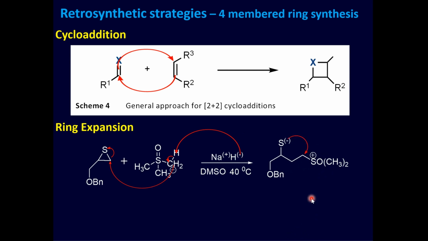Now I heat it. The carbon adjacent to this dimethyl sulfoxide group is positive because of the electronegativity of this sulfoxide group, which renders this carbon a positive center. This excess electrons on sulfur is given to this electron deficient carbon, and as this is an easy leaving group, it loses this group, dimethyl sulfoxide, and it gives rise to a cyclized ring system.